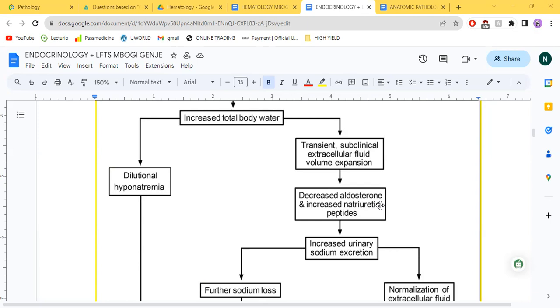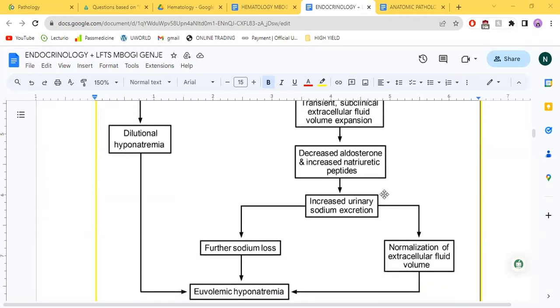And when you vasodilate, what are you doing? You're increasing the size of the blood vessels, and when you increase the size of the blood vessels, what happens to the volume, to the pressure? It will decrease. Decreased aldosterone. Why is the aldosterone decreasing?